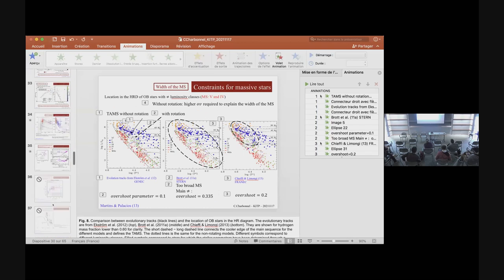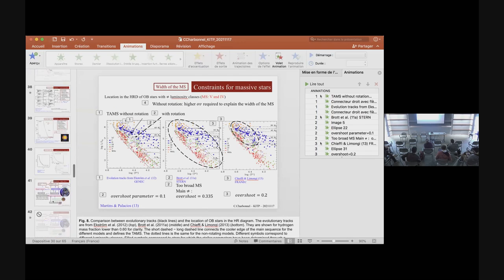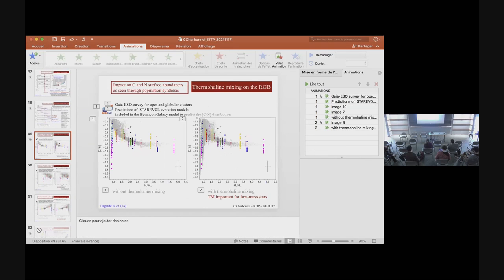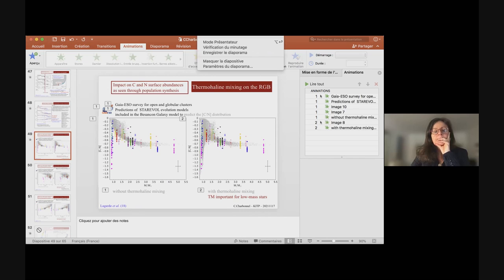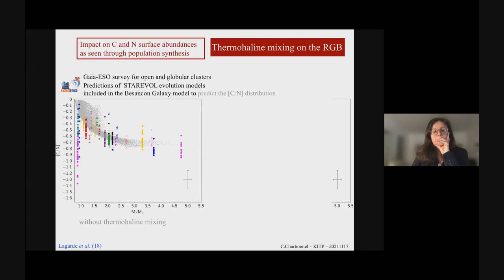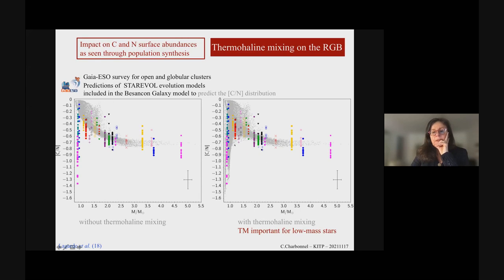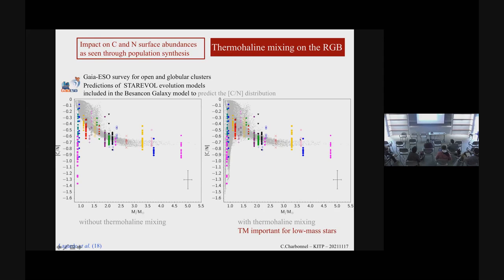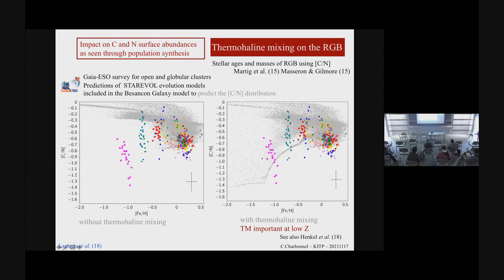You had to fly a little bit over those slides, so maybe if you want to go back and tell us a little bit more about what is seen in the data. So this is the dependency on mass, and I think it's telling us that the thermohaline mixing or whatever mixing process is more efficient at low mass, but then we have some dependency also on the metallicity, and that's the part that I'm interested in.